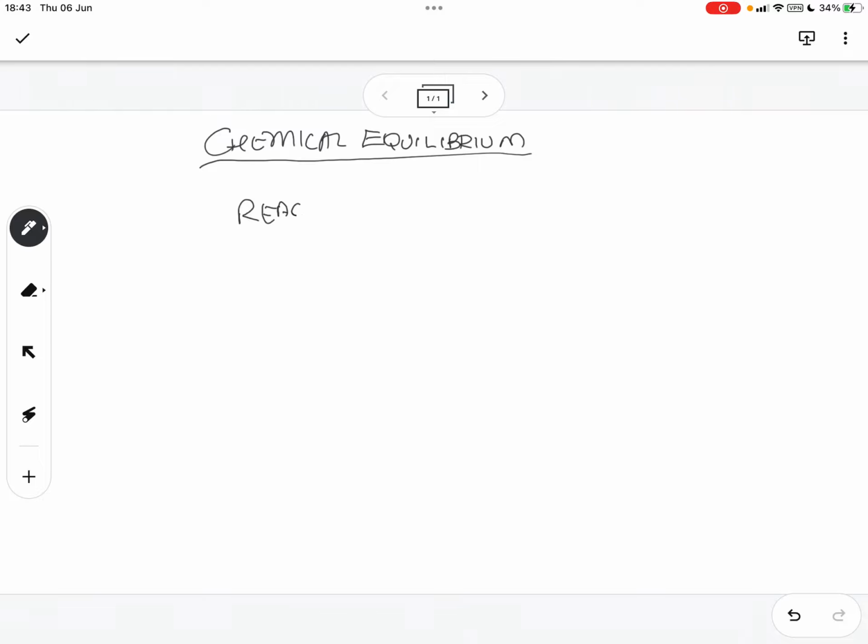Okay, so again, in chemical equilibrium, when there is a reversible reaction, so I'll just put there reactants, products. So in a closed system, the forward and the reverse reaction happen at the same time.